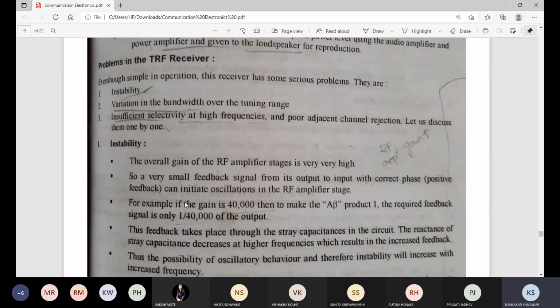Okay, now see, the overall gain of the RF amplifier stage is very, very high. आता हा रेडिओ फ्रिक्वेन्सी जनरेटर जो आहे त्या ठिकाणी काय केलं, overall gain of the RF amplifier stage is very, very high.